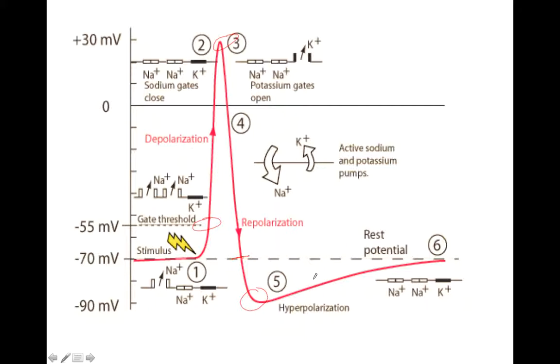It prevents the neuron from receiving another stimulus during that time. And if it does receive another stimulus, it's got to be a huge one because you have to depolarize even more. Okay, so hyperpolarization assures that the signal only goes in one direction.